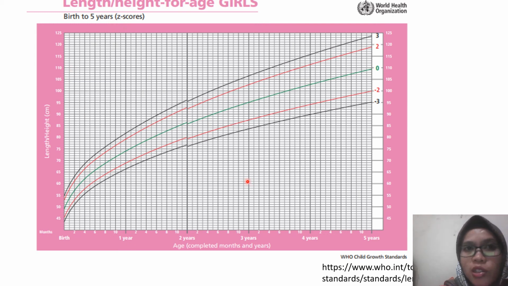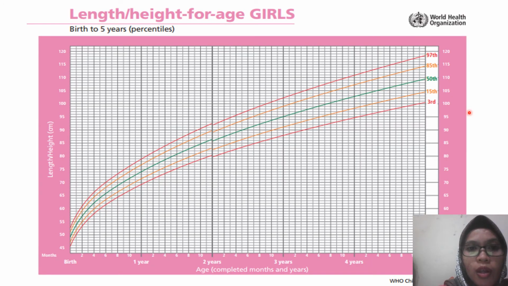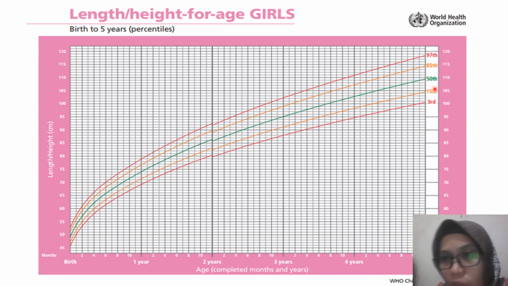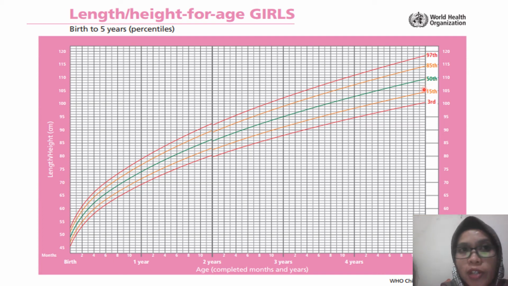The pink color shows the growth chart for girls and the blue for boys. And this is a chart using percentile. We can see that the lines show the categories, for example, third percentile, 50th percentile.